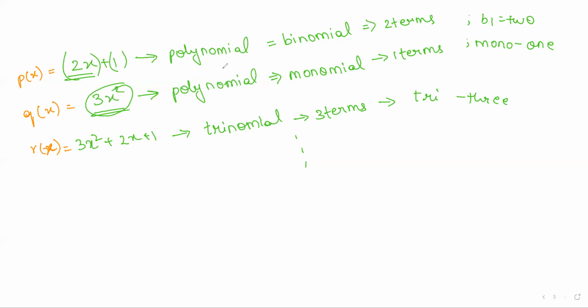Next, let's say you have these polynomials: 3x plus 1, 2x squared plus 5x plus 7, 5t to the power 4 plus x plus 1, 3x cubed plus 7x squared plus 4x plus 6, and something like 8x.